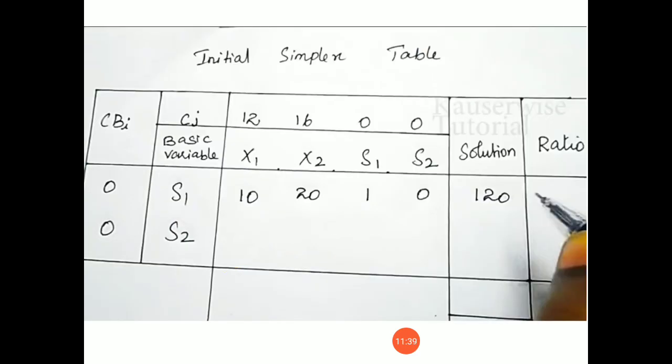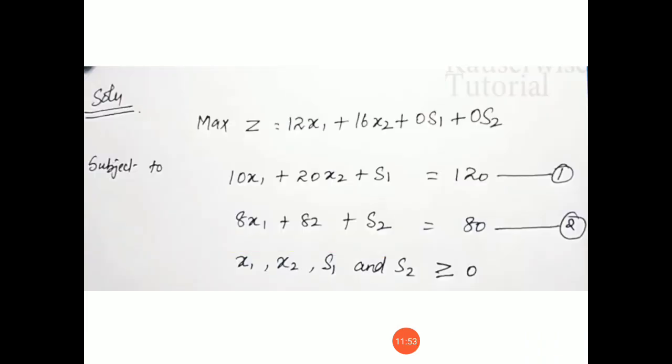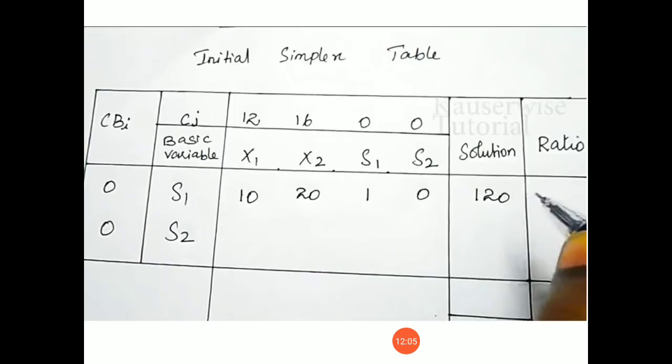Next, I found in which equation s1 is present. It is present in equation number 1. I wrote all the coefficients of equation number 1 along with the solution: 10, 20, 1, 0 with solution 120, in their respective places.